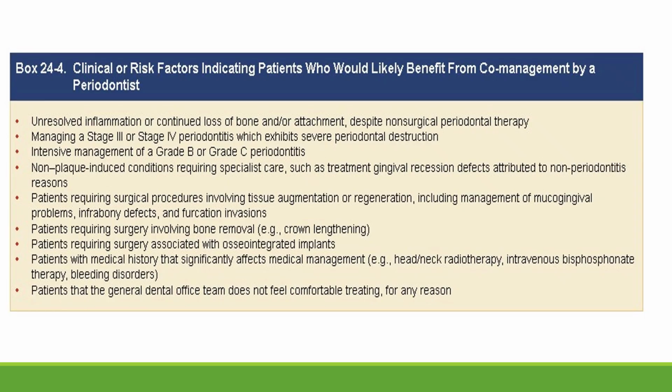These are the type of things where, if a general office doesn't feel confident, there's nothing wrong with acknowledging that a case may be beyond your capabilities, and that's okay. That's fine. If I get a client in who's got 8-9 millimeter pockets, I'm going to refer them to a periodontist because I know that they can get in and do treatment that I can't do. And that's okay. And those are the people that we want to refer out.